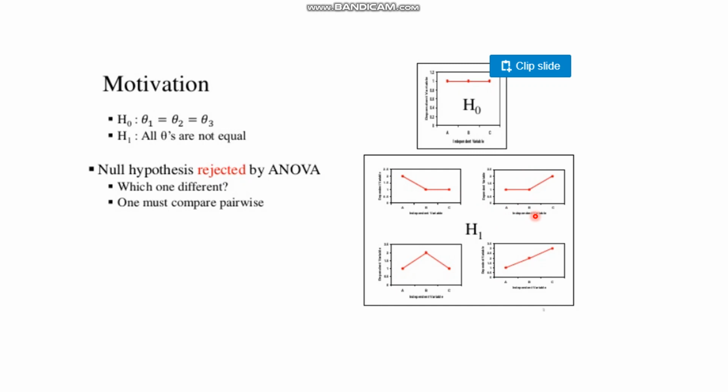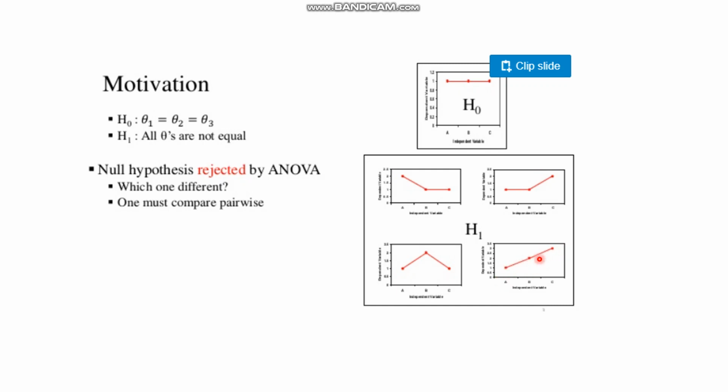In this graph, the means of A and B are equal, but C is different. In this graph, A and C are equal, but B is different from A and C. But here, all three are different. There is no equal mean.